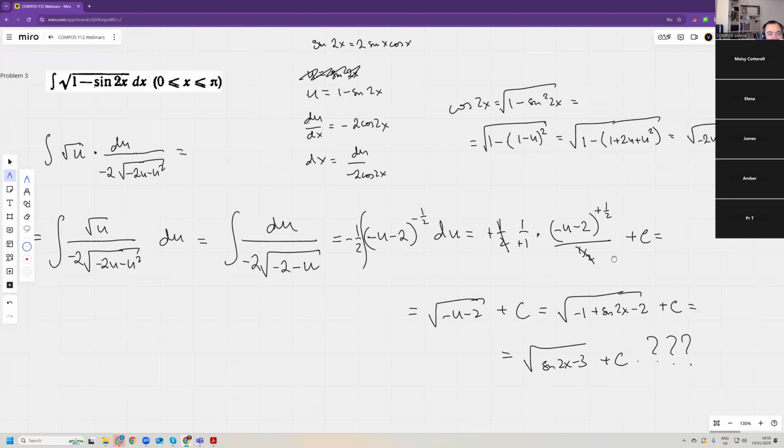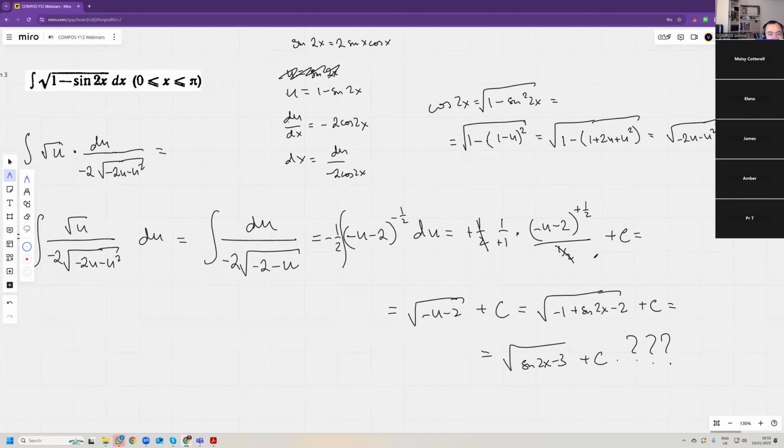Where did I go wrong? This is minus. This is minus, so this is plus 2u. Okay. Plus. So that's not a plus. This is a minus. This is minus plus.